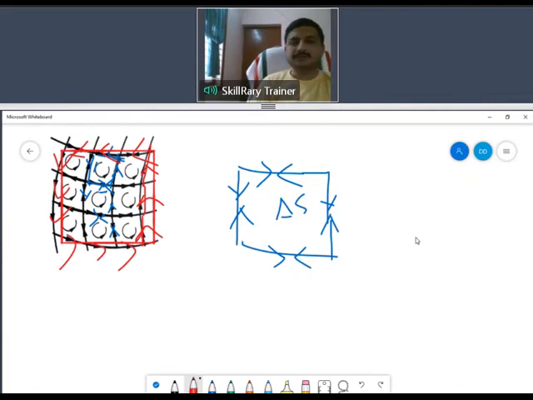So only the outer surface remains now. All the incremental surfaces, that is inside surfaces, get cancelled. So what does it mean? Instead of writing closed integral H dot dl over delta S, I can write it for the total S, because there is only one surface now.